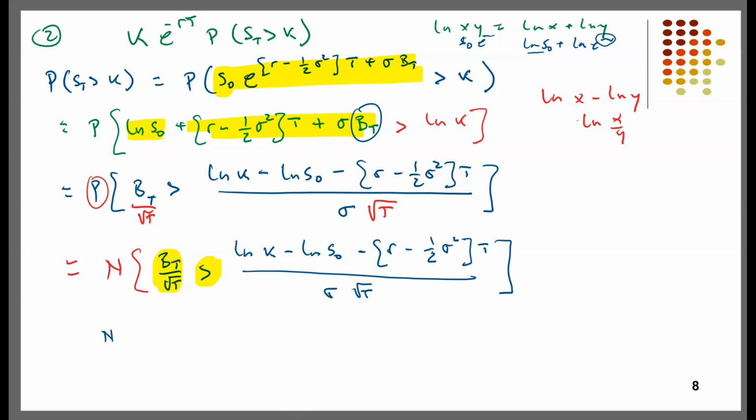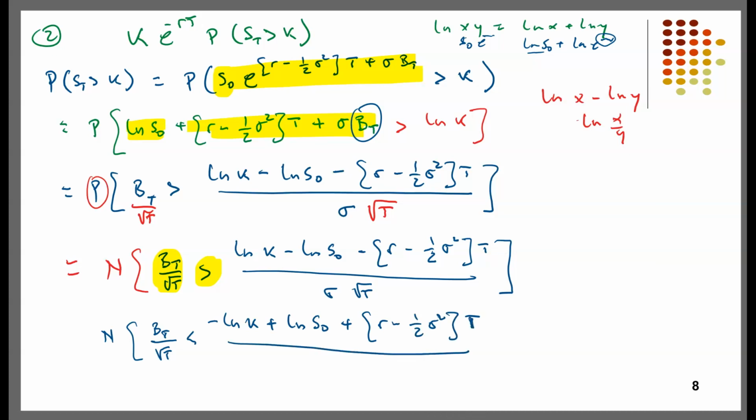And so we're going to say N of Bt divided by the square root of t is less than or equal to the negative of that value, which is minus the log of K plus the log of S0 plus the difference between r minus 1/2 of the variance multiplied by t, and we divide that by the standard deviation square root of t.